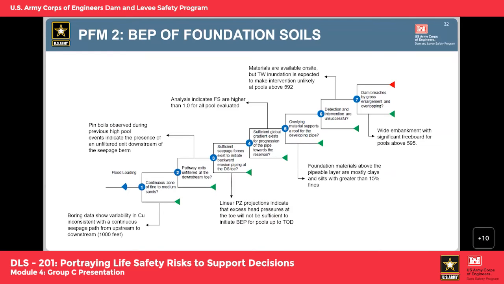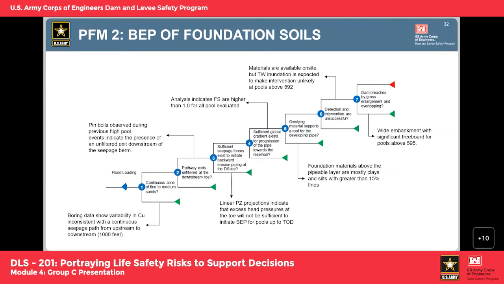However, there's variability across the footprint, and the flow path is approximately 1,000 to 1,200 feet long. So the team concluded it was very unlikely to have a continuous zone of erodible material. If there was, the most likely exit for seepage is immediately downstream of the seepage berm toe, where there is no filter. Past flood events have yielded seepage and pin boils, indicating that the confining clay layer contains defects, so this node was considered almost certain.